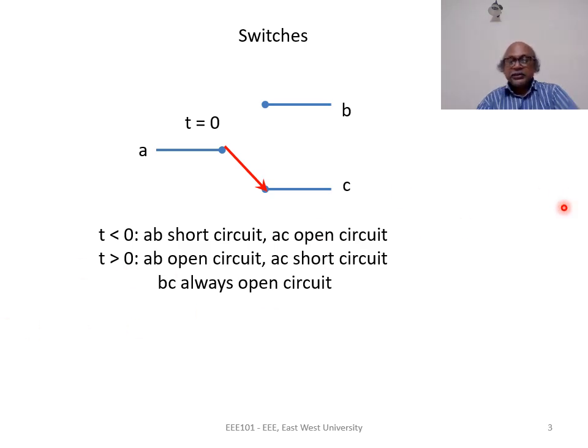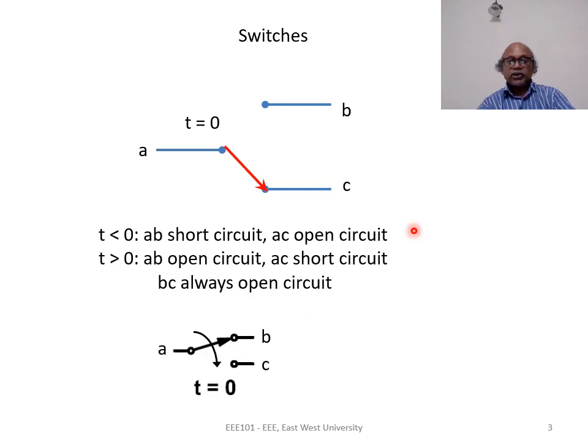For t less than 0, AB is short circuit, AC is open circuit. The situation reverses after the switching, that is for t greater than 0. And BC is always open circuit. This type of switch is represented in electrical circuits by this symbol.